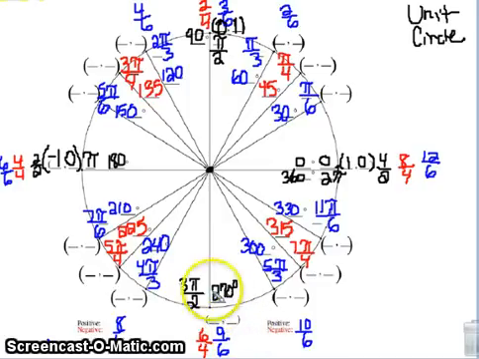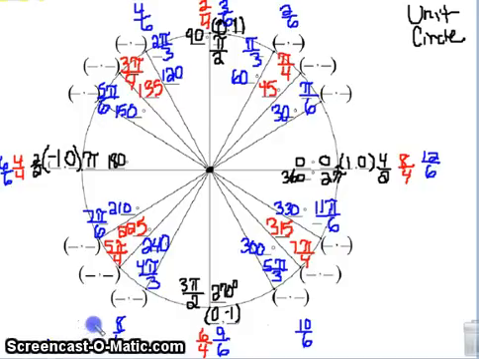And then down, my coordinate is going to be 0, -1. So hopefully that gets everybody on the right track with the 4 main coordinates.